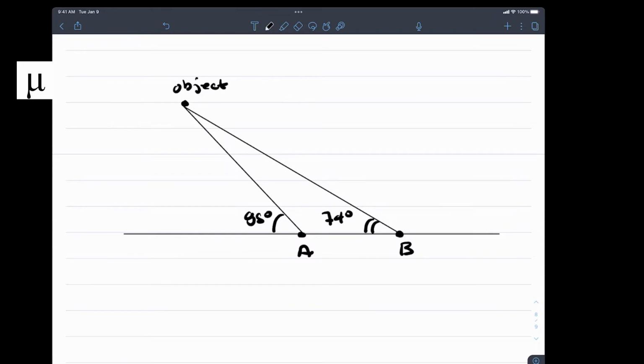And we need some information. We're going to say that this distance down here is maybe 12 miles. Okay? So they're giving me this distance here.